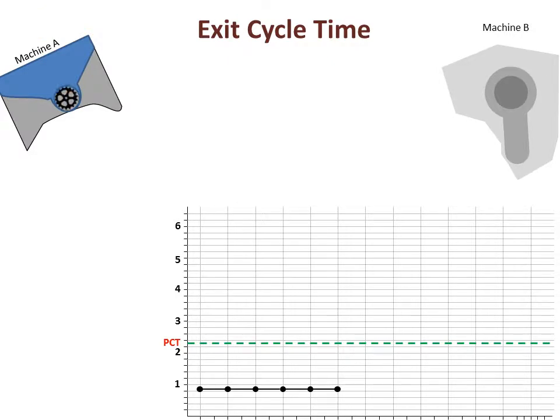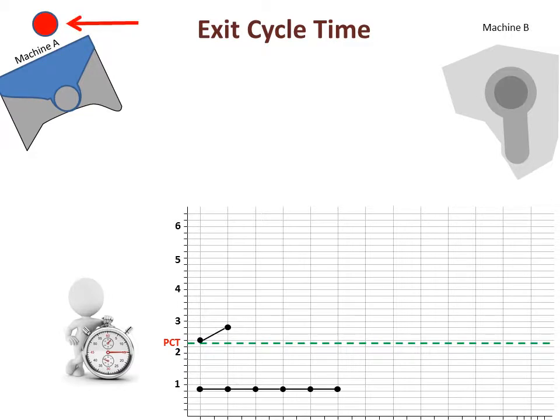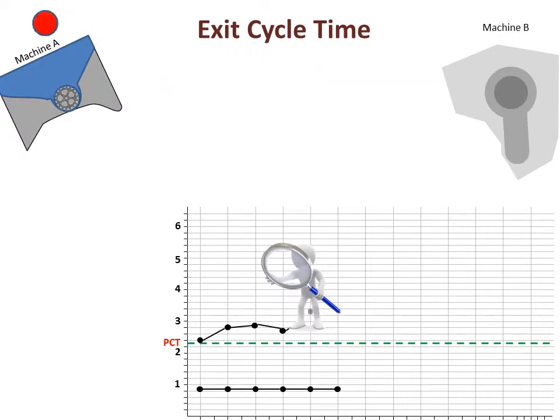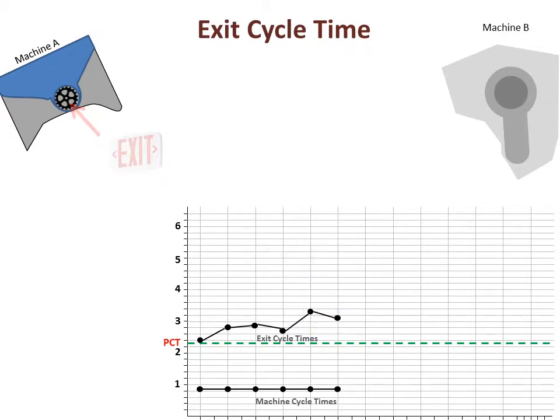Let's time the machine again, but instead of timing the actual machine cycles as indicated by the red light, let's time the interval at which the parts exit the machine. We'll note the time when the exiting part reaches a specific point. These are called exit cycle times because they document the time between each exiting part rather than how long they are being individually processed.